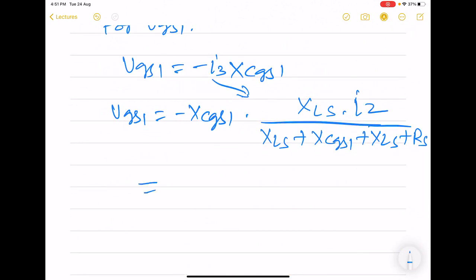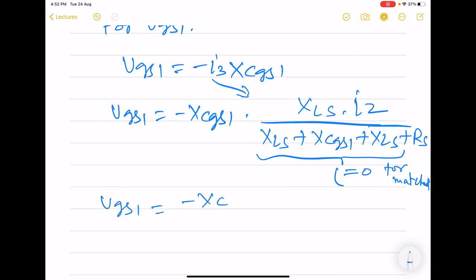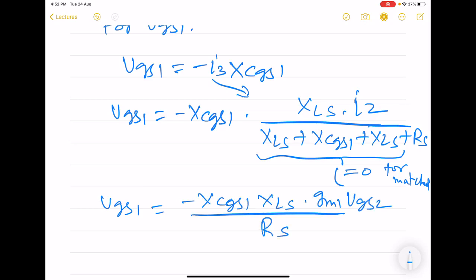Right? So here we see that we again encounter these three terms, three reactances, which are going to be 0 for the matched condition, for the matched case. So we take the help of this observation and write VGS1 is equal to minus X_CGS1 X_LS, and now we substitute I2 by gm1 VGS2 divided by RS.